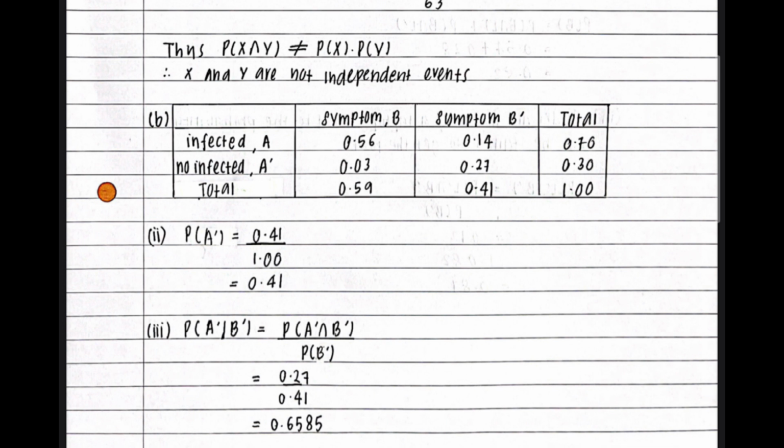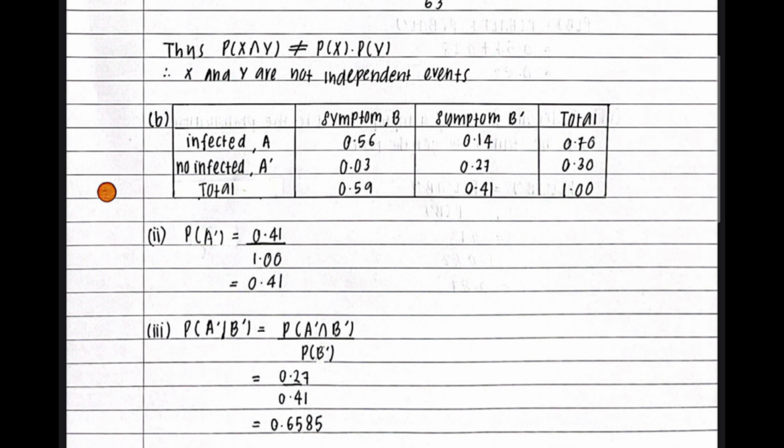The total probability for infected A is 0.70 and the probability for non-infected A prime is 0.30. The total probability for the whole event is 1.00. For question 2, the solution is P(A prime) equals 0.41 divided by 1.00, so we get the answer 0.41.